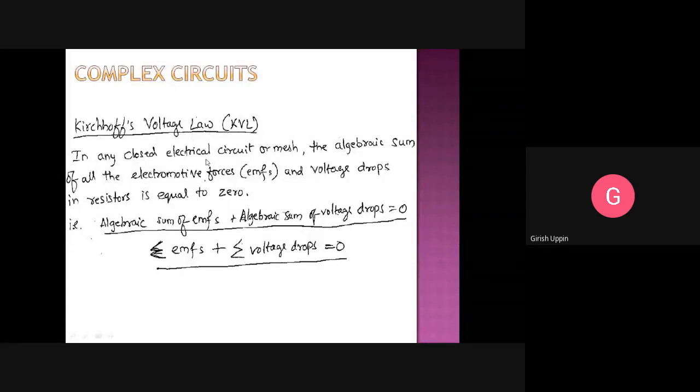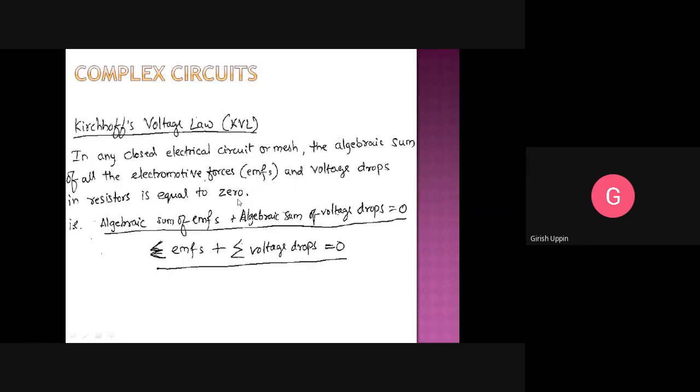Okay, we will see what is the meaning of the loop or a mesh. In any closed electrical circuit or mesh, the algebraic sum of all electromotive forces, that is EMFs, and voltage drops in resistors is equal to 0. So that is the law.